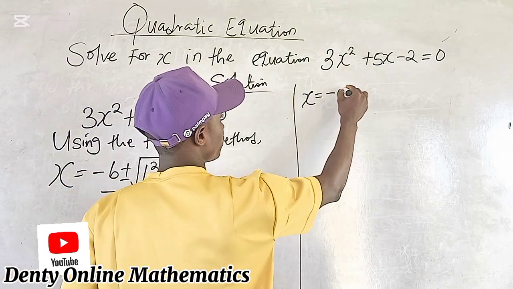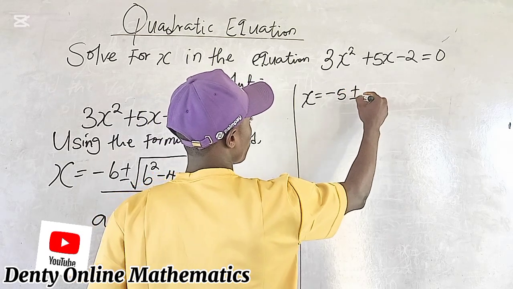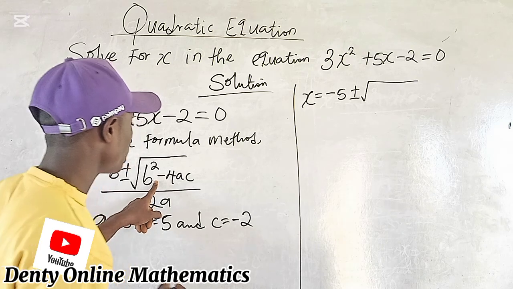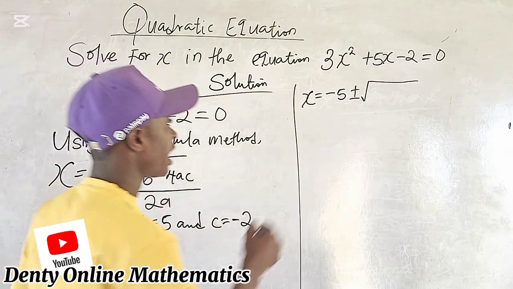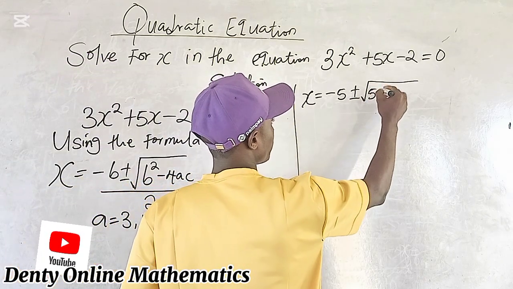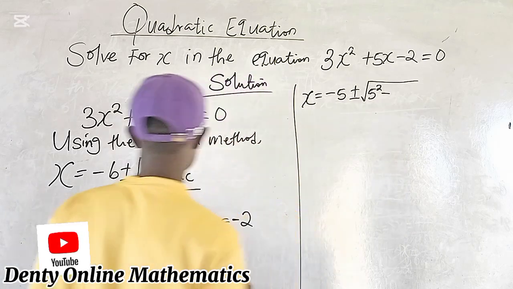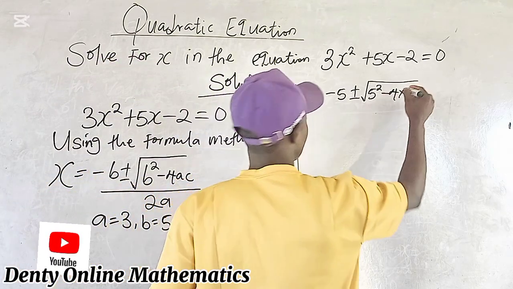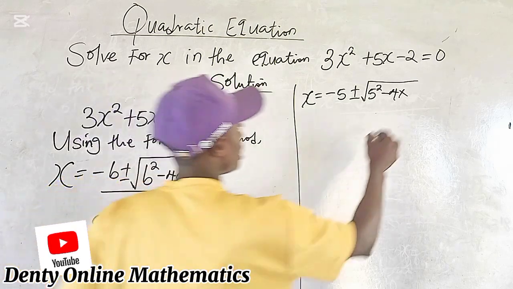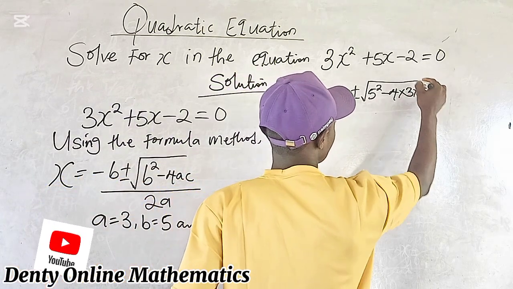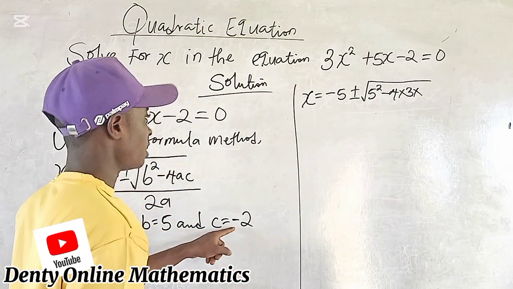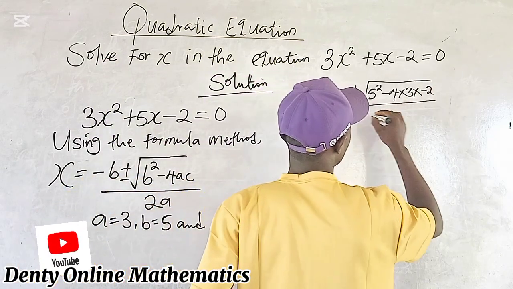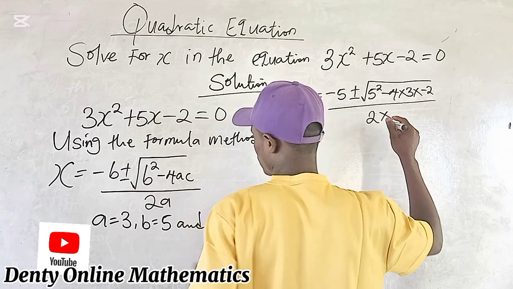So minus 5 plus or minus the square root of b squared, 5 squared, minus 4ac. That means minus 4 times a, which is 3, times c, which is minus 2, all divided by 2a, where a is 3.